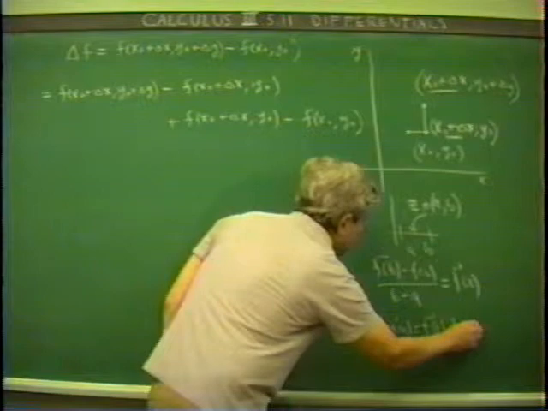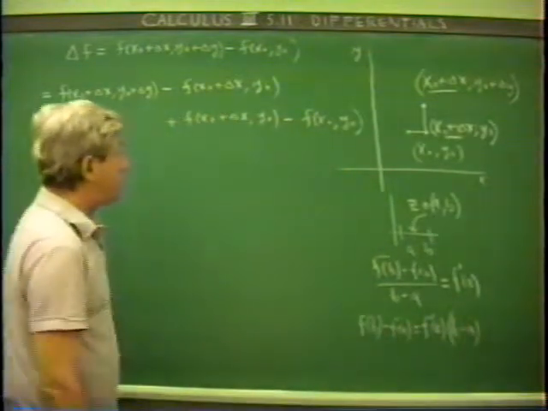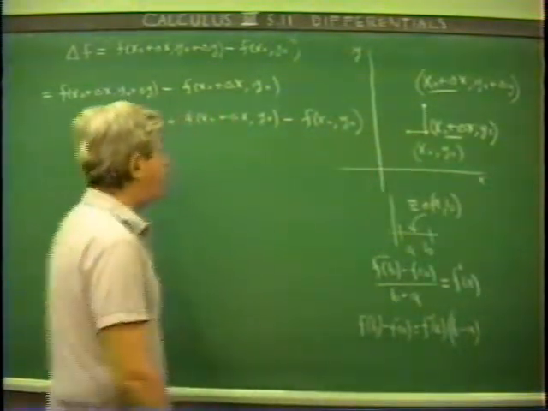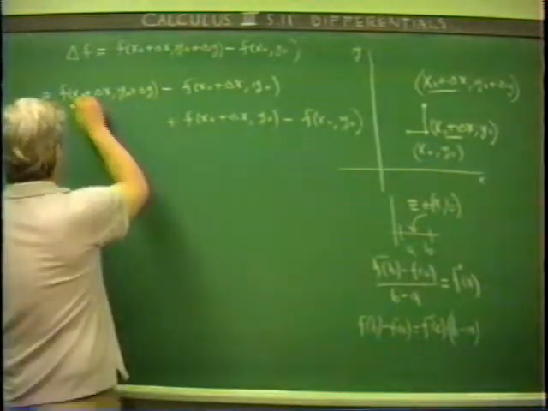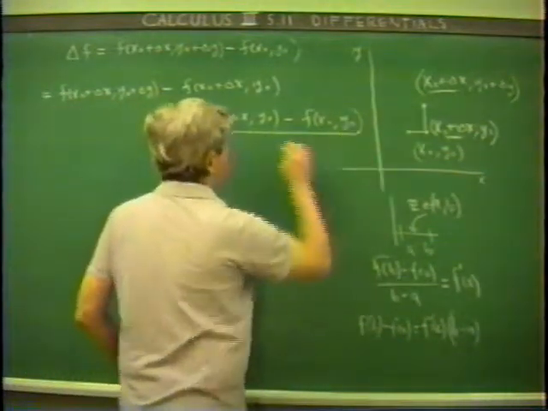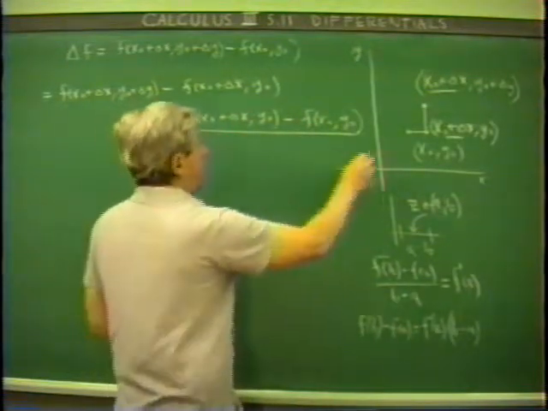Or, if you like, f of b minus f of a is equal to the derivative at z times b minus a. I want to use this type of thing here now, except for partial derivatives.